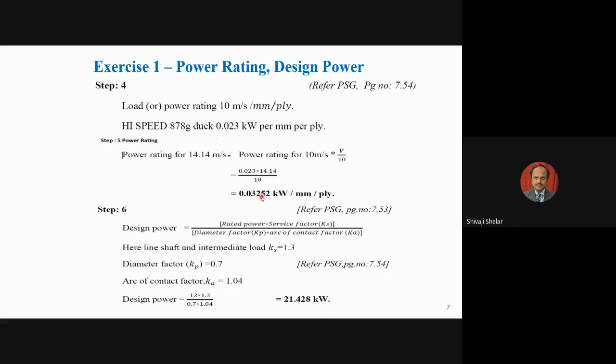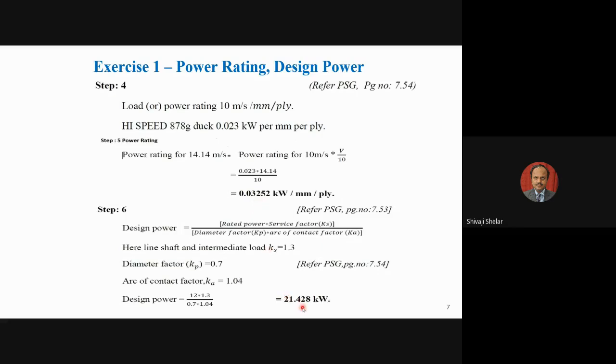If you take a high-speed belt, and if you take the speed of 14.14 meter per second, then you can transmit power of 0.032552 kW per mm width of the belt and per ply. That is, if you use single ply, this much power is transmitted.